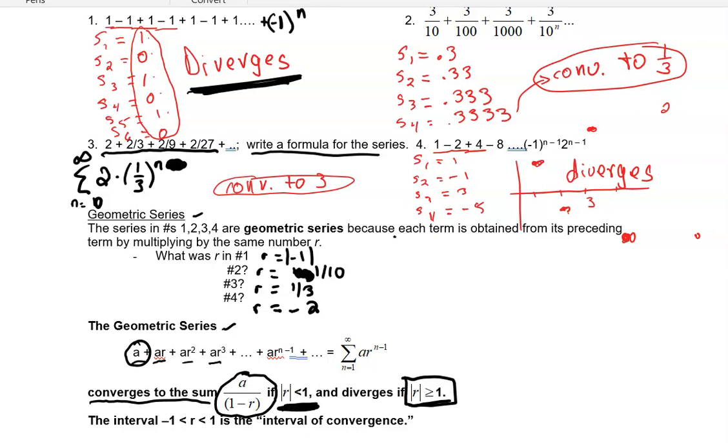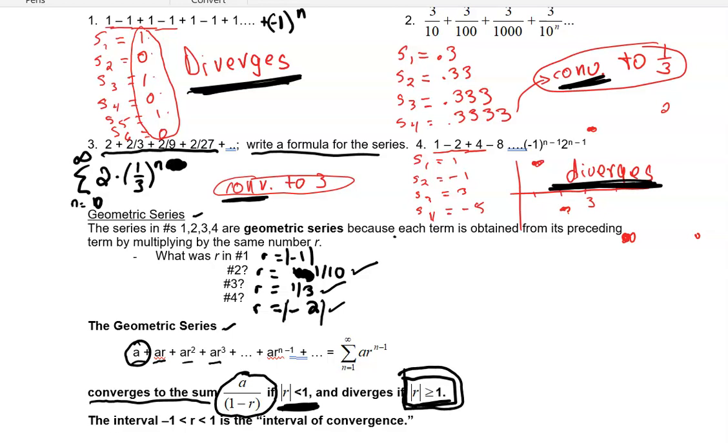So if we look at number 2 and number 3, notice how each of those converged. It is because the ratios of 1/10 and 1/3 satisfied this inequality. Their absolute values were less than 1. If we then go to the final one, number 4 diverged. The reason that it diverged is because if we do our absolute value, the absolute value of our r was greater than or equal to 1.